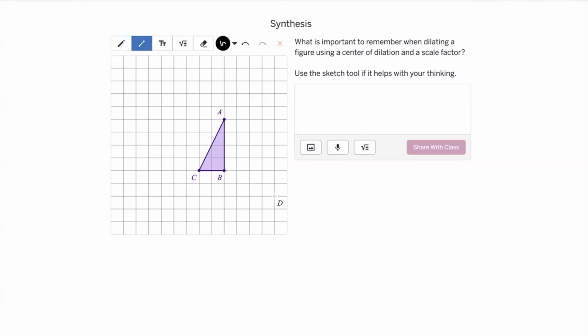If your center of dilation is D and you connect them, you got these lines that you're connecting. And the idea is, when you're making these dilations, when you make the lines, they have to go through the points.